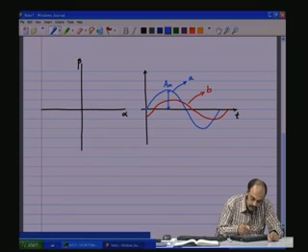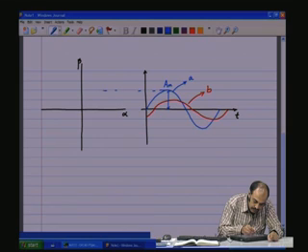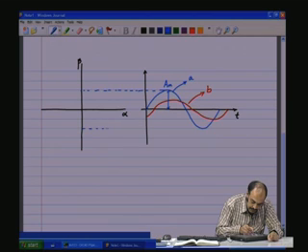This is this one, and this has an amplitude of A m, and let it be projected onto the vertical axis.